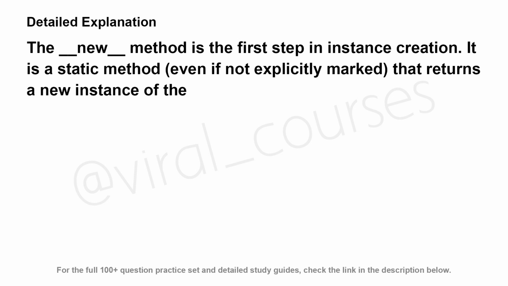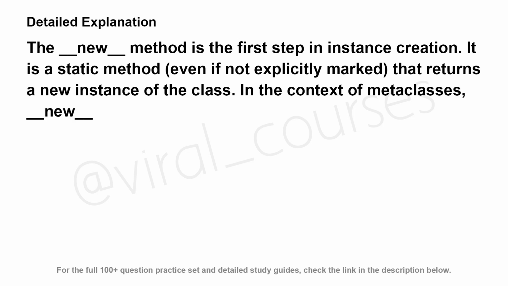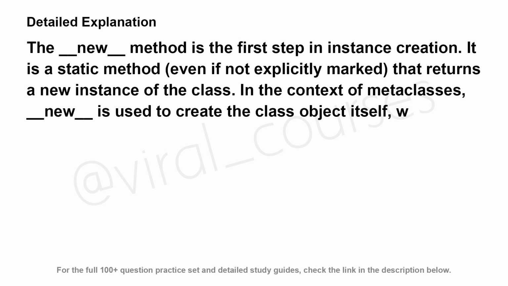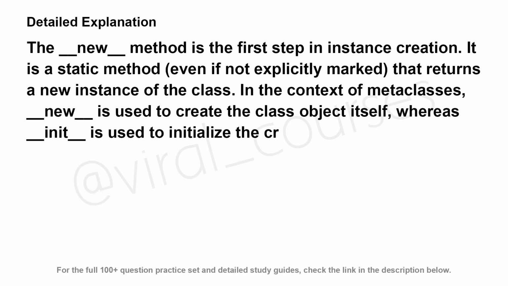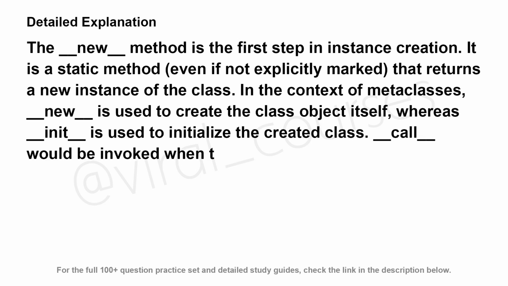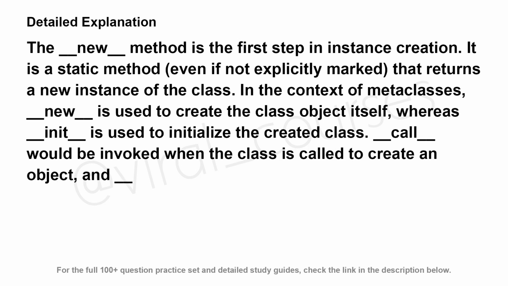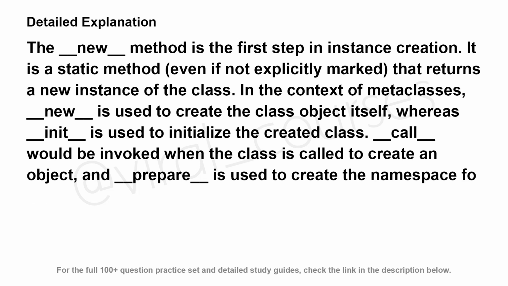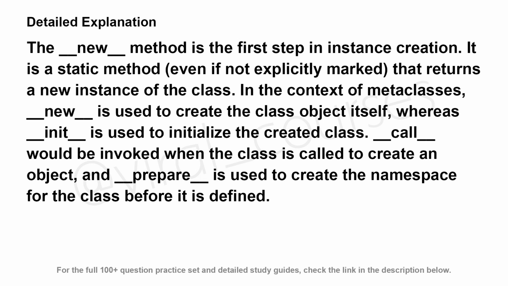In the context of metaclasses, __new__ is used to create the class object itself, whereas __init__ is used to initialize the created class. __call__ would be invoked when the class is called to create an object, and __prepare__ is used to create the namespace for the class before it is defined.